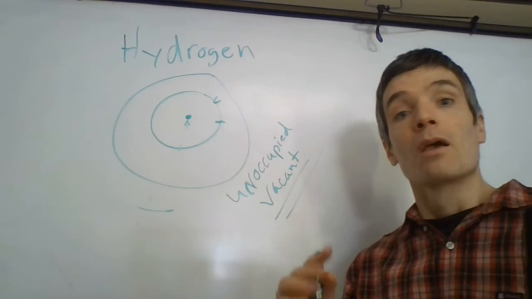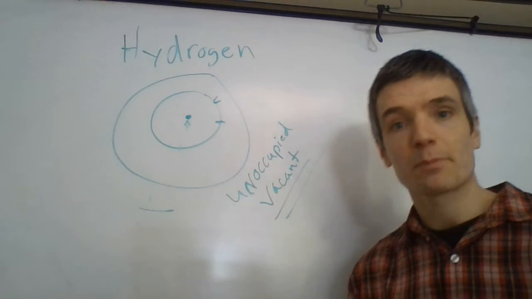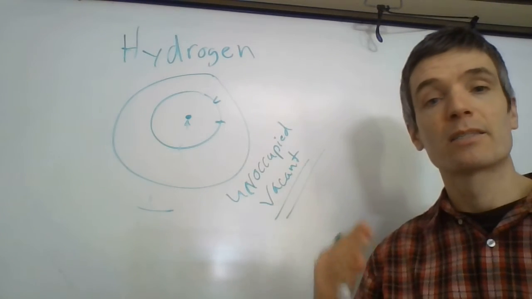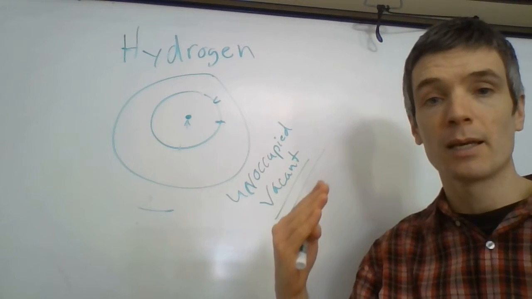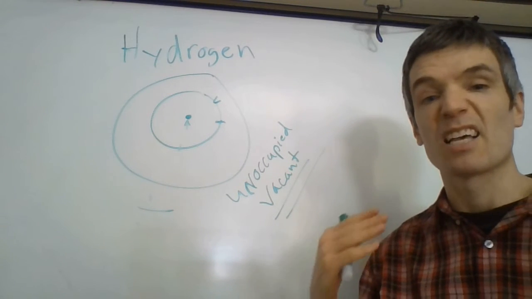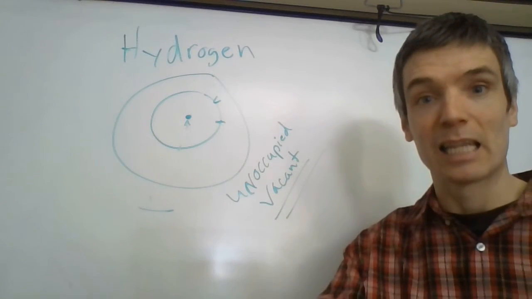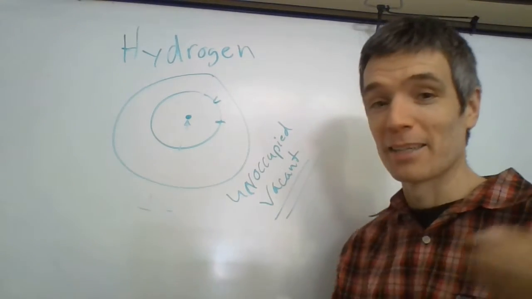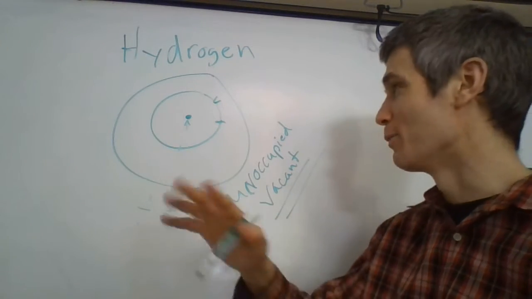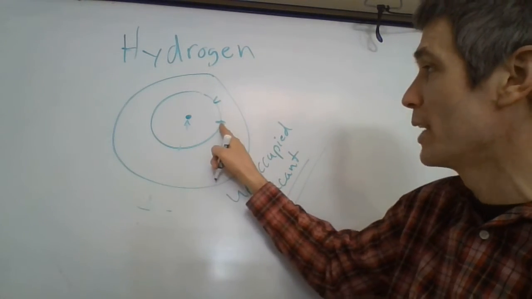Now, what might happen, and what does happen, is something gives this electron energy. We most commonly see it as electricity. Electricity comes in and hits the electron.